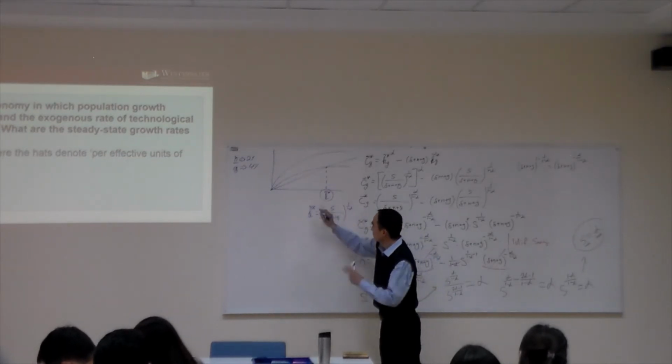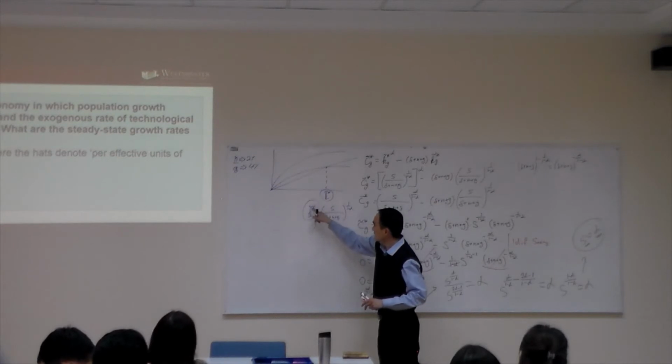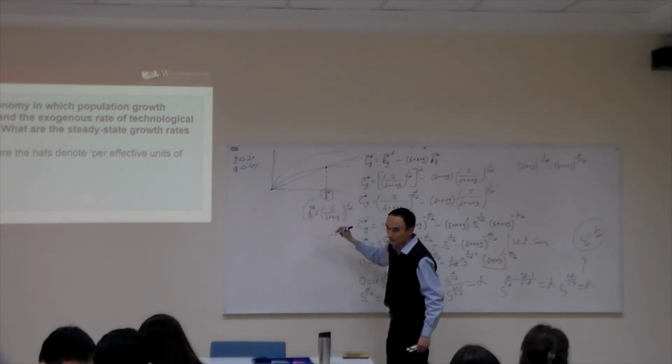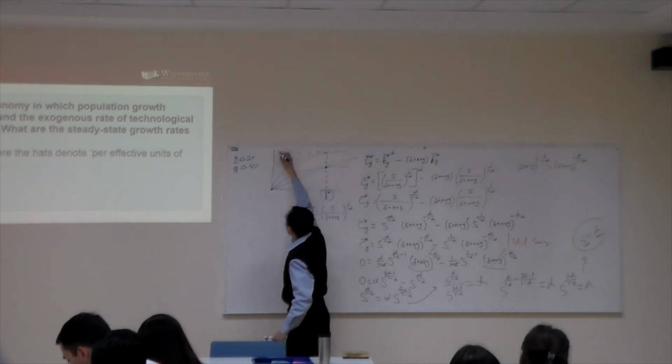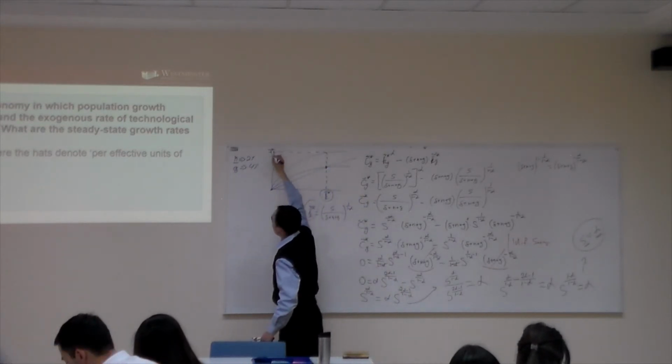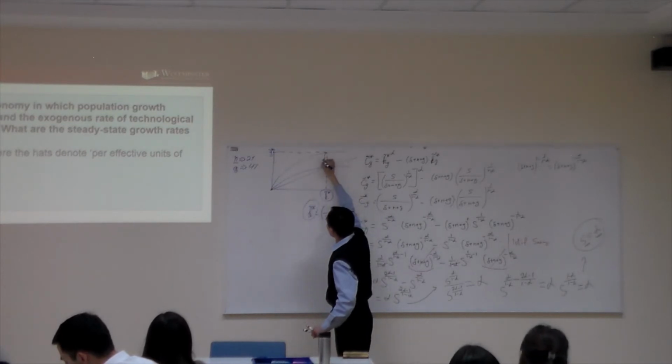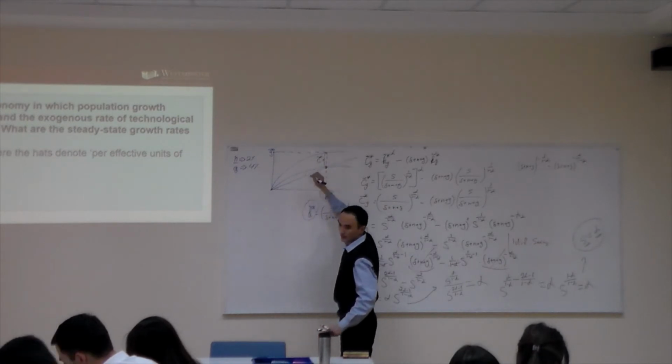Which means that our capital per effective labor, once it reaches steady state level, will not grow. And output also in steady state level will not grow. Consumption in steady state level per effective labor is not going to grow.